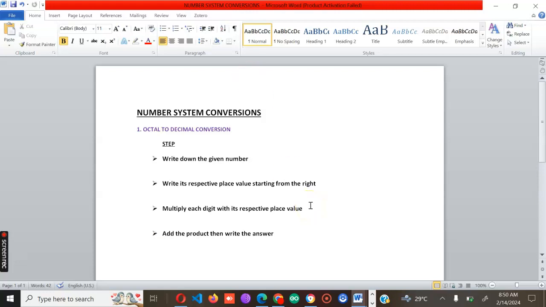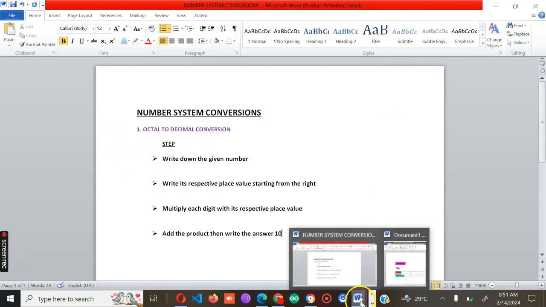Step three, you multiply each digit with its respective place value. And the last step is to add the products, then you write the answer in base 10. Remember, this one is supposed to be base 10 because we are trying to convert octal to decimal.